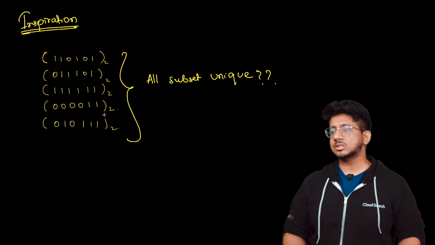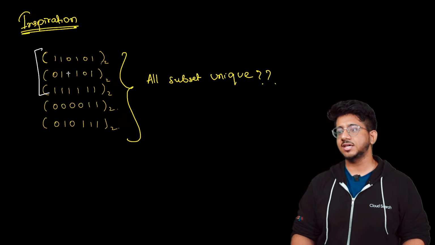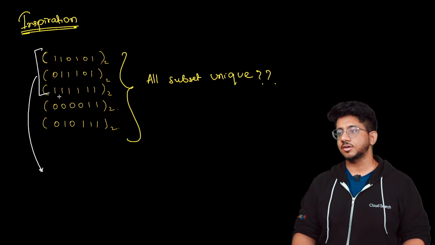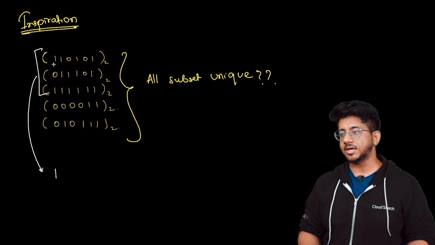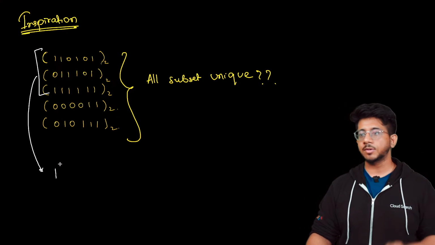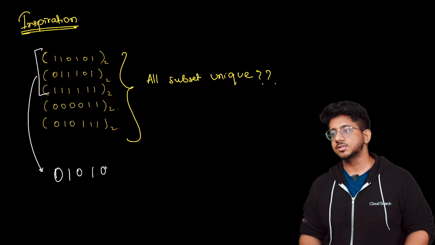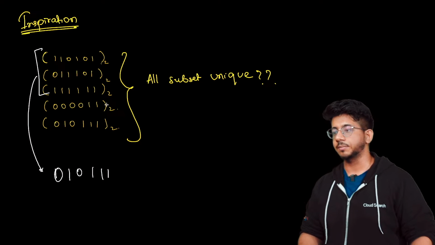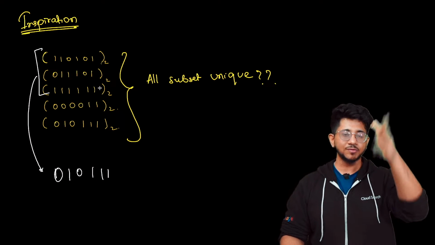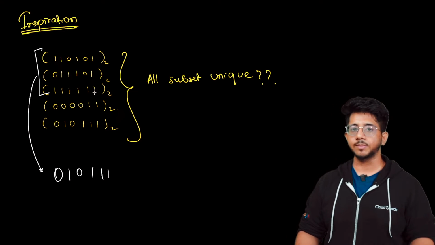Let's try to think about what these 3 together are going to build for us, right? If you take their XOR, what you will get is maybe 1, 0, 1, 0, 1, because whichever column has an even number of ones will become 0, and whichever has an odd number of ones will become 1.